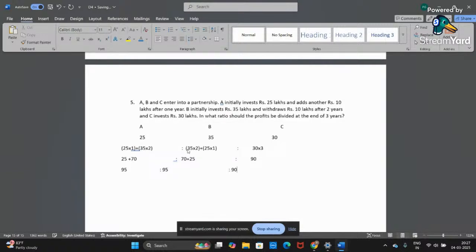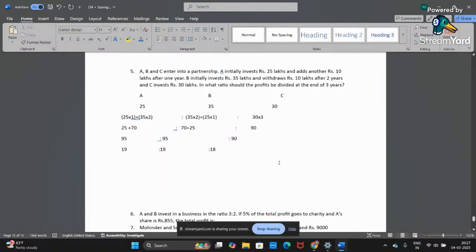Here it will be 90. Now further simplify this. 5 19s it is 95. Again 5 19s it is 95. And 5 18s it is 90. This is the ratio they are going to get. In this ratio form, they are going to get their profit after 3 years.